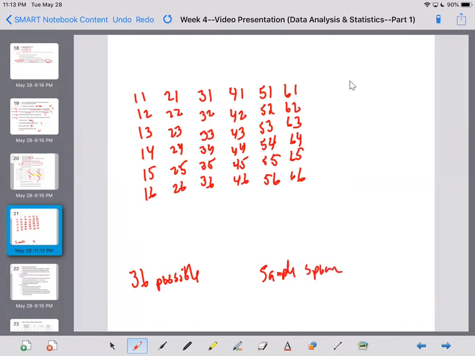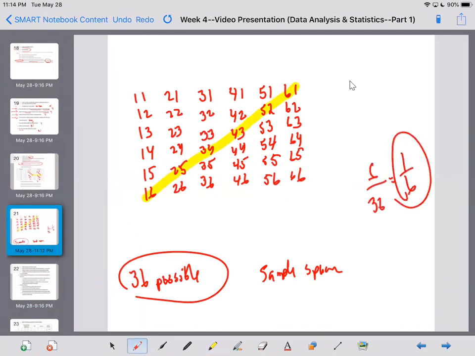So we've got 36 possible. Well, if we look at the sum of 7, they are going to fall right here. And so you actually have 6 out of 36, which is 1/6, and that's going to be your largest ratio, and it's going to give you your best chance.